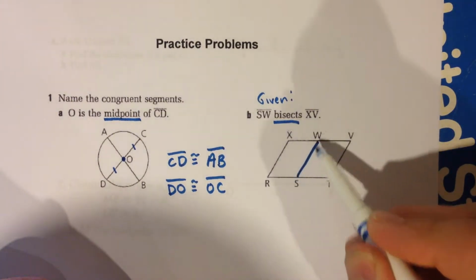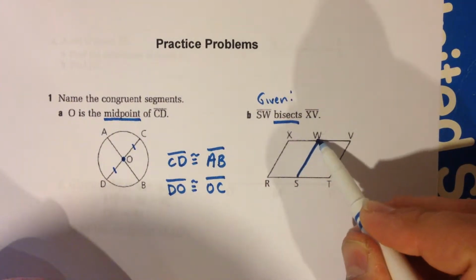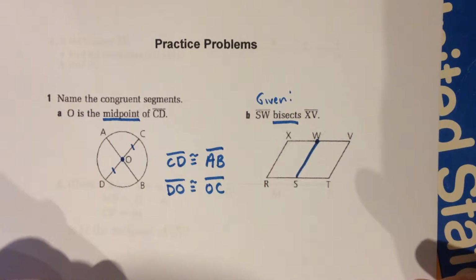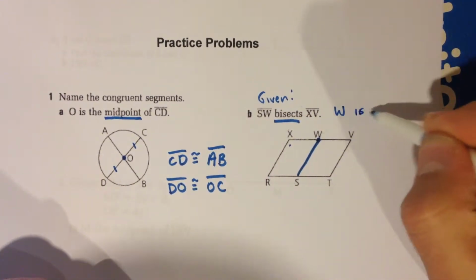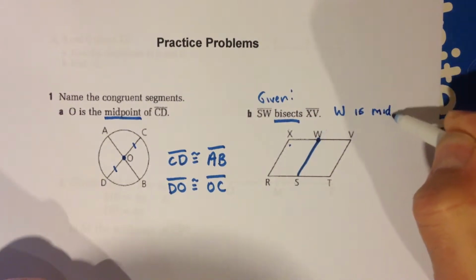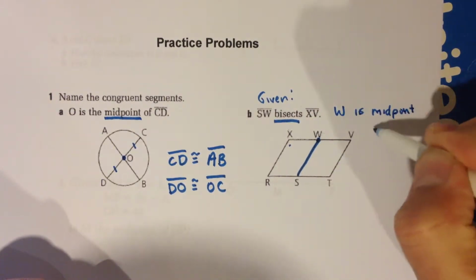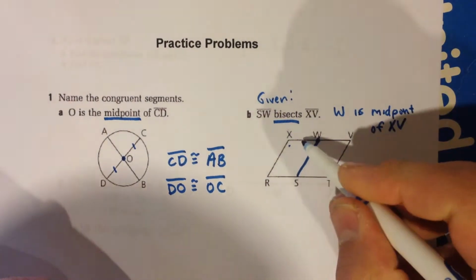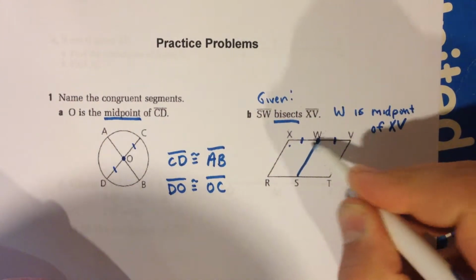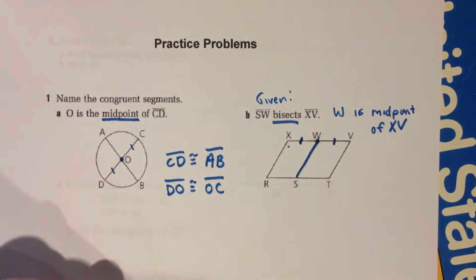So W is a midpoint of XV. That's another thing you could say. So it tells you that those two segments are equal.